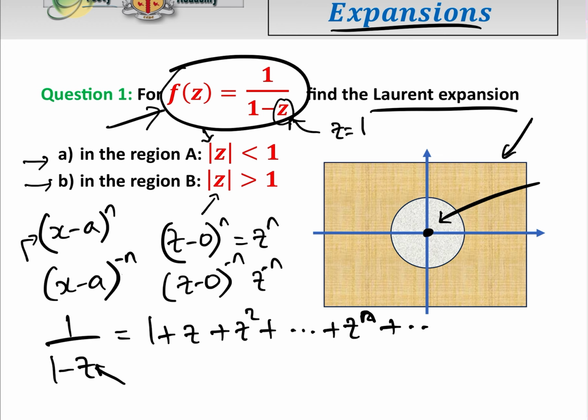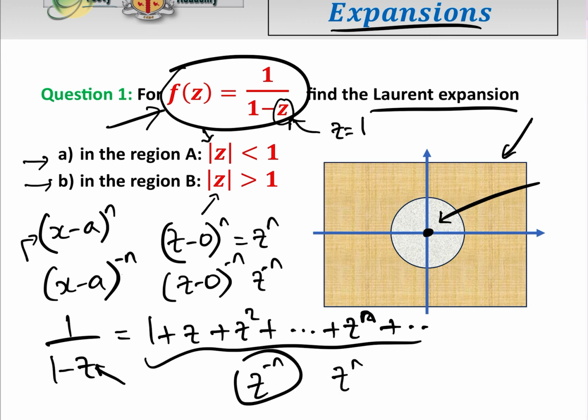So this is entirely a Taylor series. There's no need for any Laurent terms because there are no terms of the form z to the minus n. These are all terms of the form z to the power of positive n. So that's the answer to question 1a.